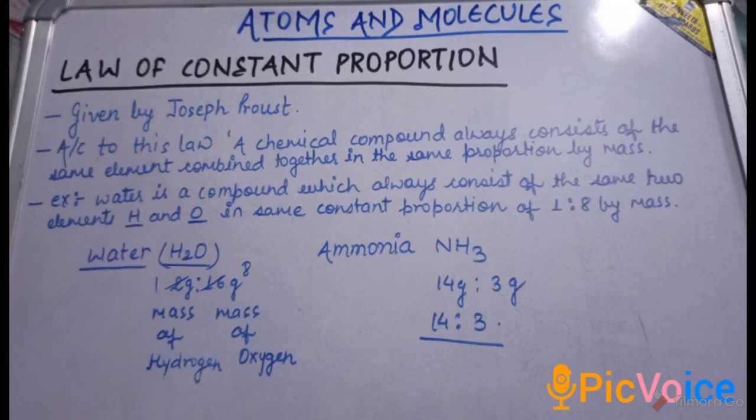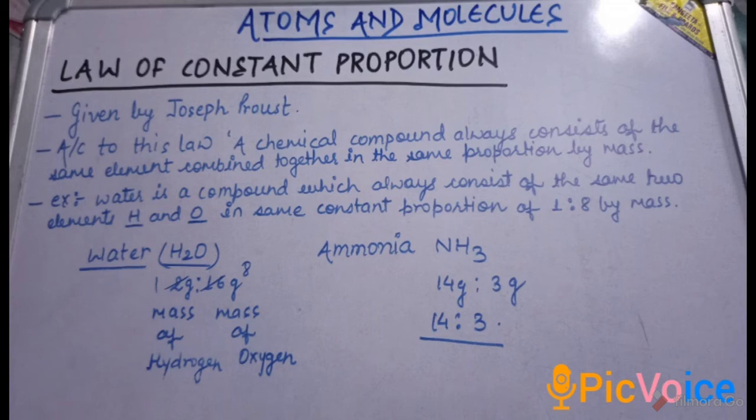Here the chemical formula of water is H2O, and the mass of hydrogen in this case is 2, because the mass of one atom of hydrogen is 1. So here 2 atoms of hydrogen are present, that's why 2, and the mass of oxygen is 16 grams, and when we solve it out we get 1:8 by mass.